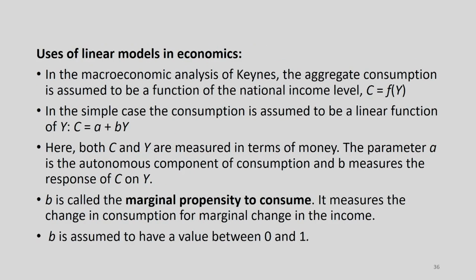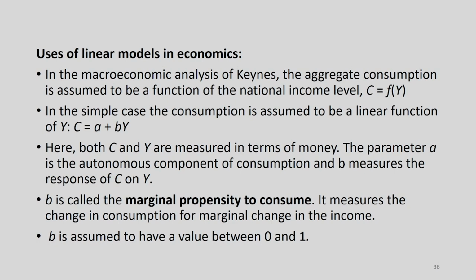Okay. Now, we come to some other applications of linear models in economics. I will just introduce this thing and then maybe we shall call it a day. In the macroeconomic analysis of Keynes, the aggregate consumption is assumed to be a function of the national income level.